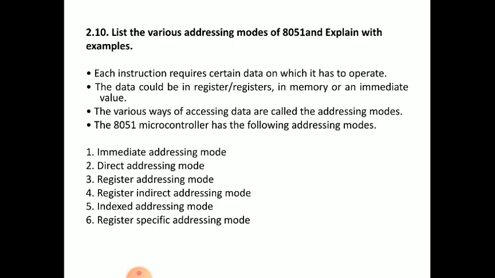And in the memory, directly we can point out the memory address where the data is stored, and it can be an immediate value, that is directly supplying the data value, directly writing the data in the instruction itself by differentiating the address and data value using the hash symbol.